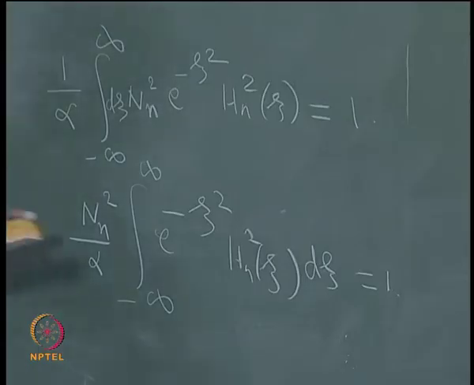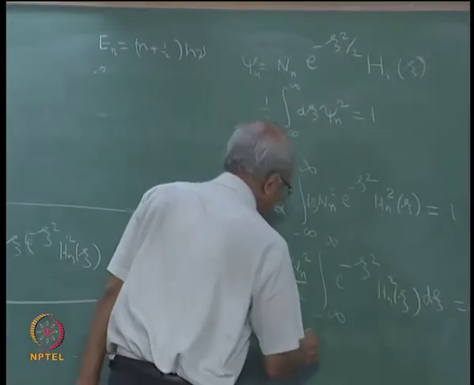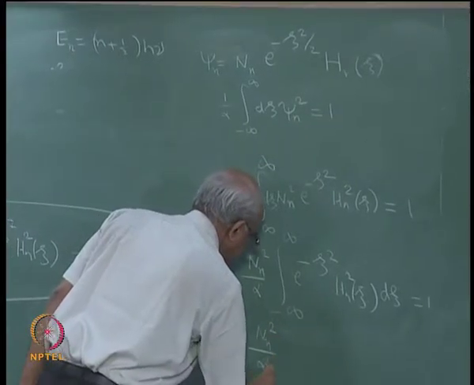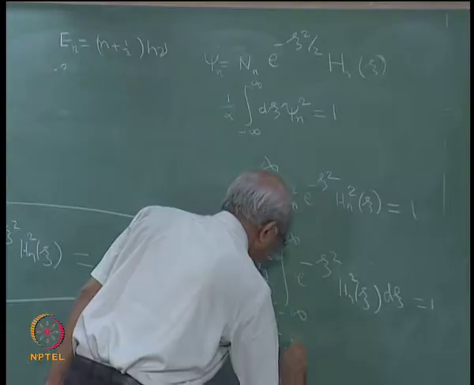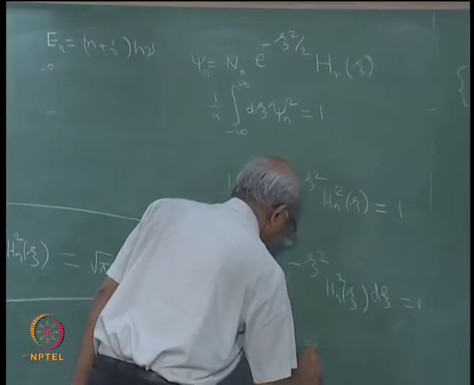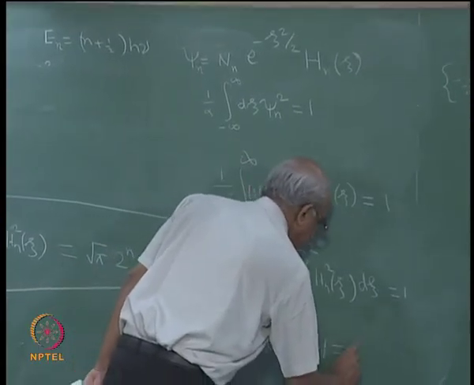But we have just now evaluated this part, and that is written here. So, therefore, N square by alpha times root pi 2 to the power of n n factorial is equal to 1.